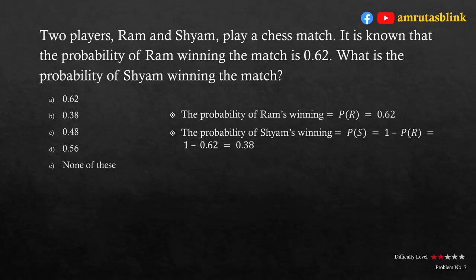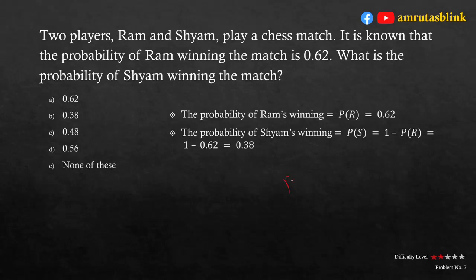So, probability of S is equal to 1 minus P of R, that is 1 minus 0.62, which is equal to 0.38. Now, why we have done this 1 minus 0.62 is because for all the possible outcomes in probability, the summation of the probabilities of all these outcomes is always equal to 1.